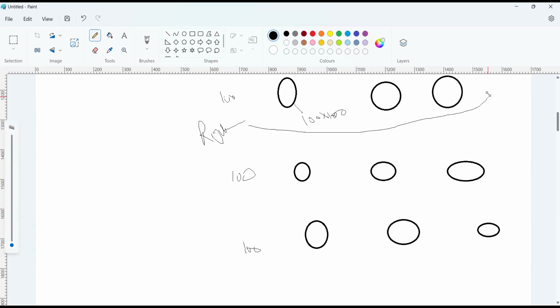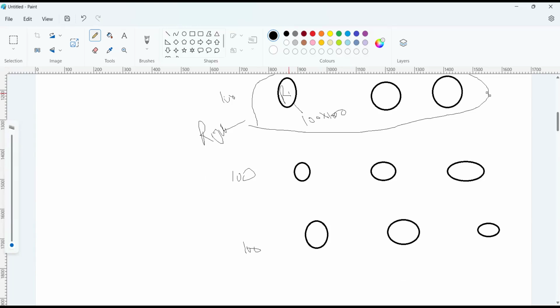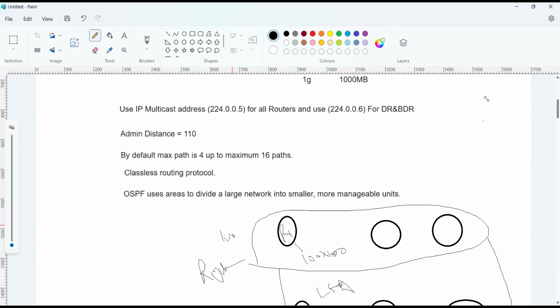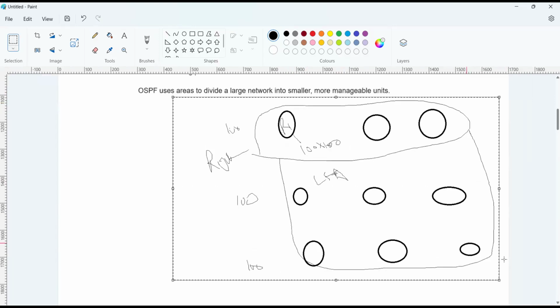If this router R1 gets the entire routing information, LSA flooding will happen. So that is the reason we have the area concept in OSPF. We'll stop LSA flooding with the help of the area concept. What is the requirement of the area concept in OSPF?